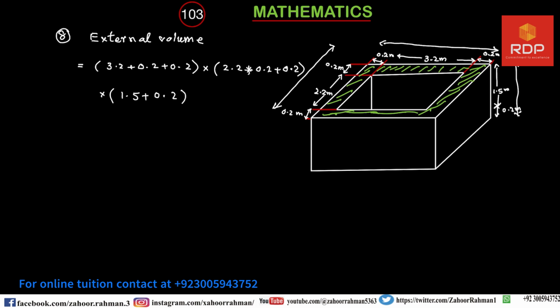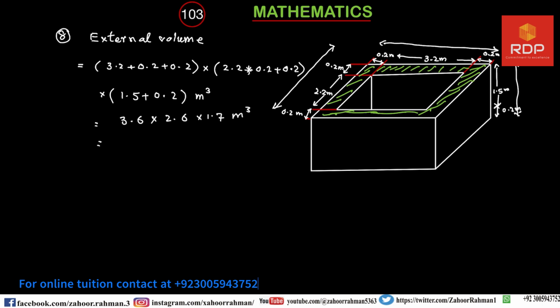So we are multiplying all these values, and from here we will get 3.6, from the second we will get 2.6, and from the third after the calculation we will get the height, and that will be equal to meter cube. Here we will also have to write meter cube. So these are not plus symbols, these are multiplication symbols.